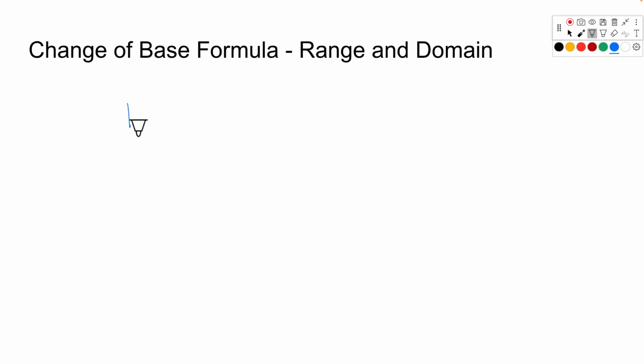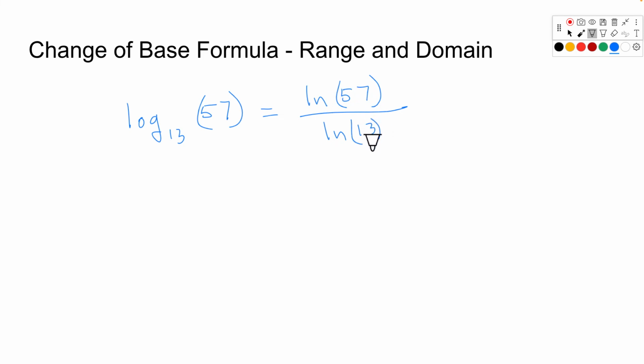But let's say we want the log base 13 of 57. We could do that with the natural log simply by taking the natural log of 57 divided by the natural log of 13. So we're able to use the base e, the natural log, instead of base 13 and get the same answer.